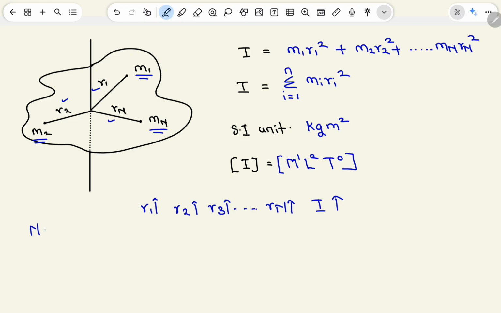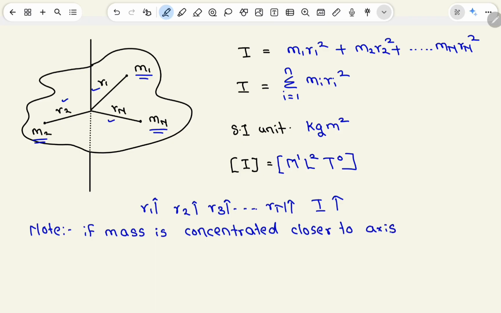So we can note an important point over here, which is if mass is concentrated closer to axis of rotation, moment of inertia has a smaller value.